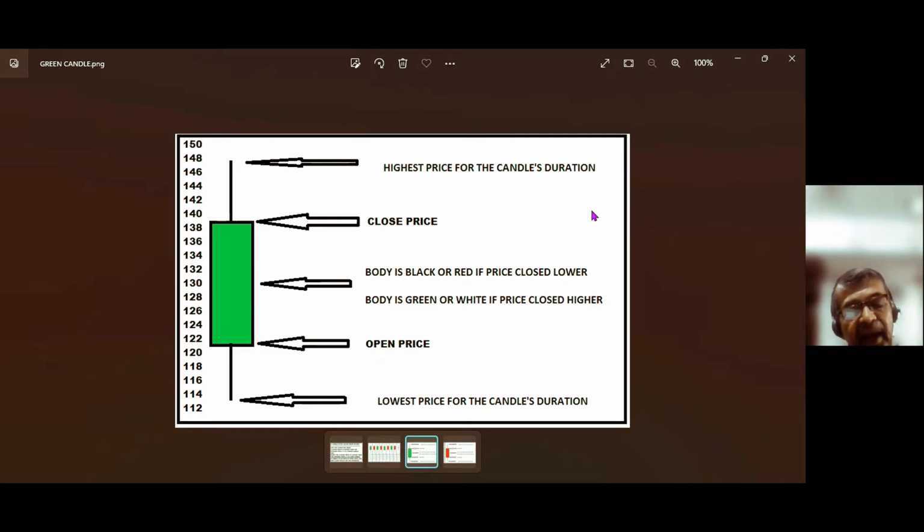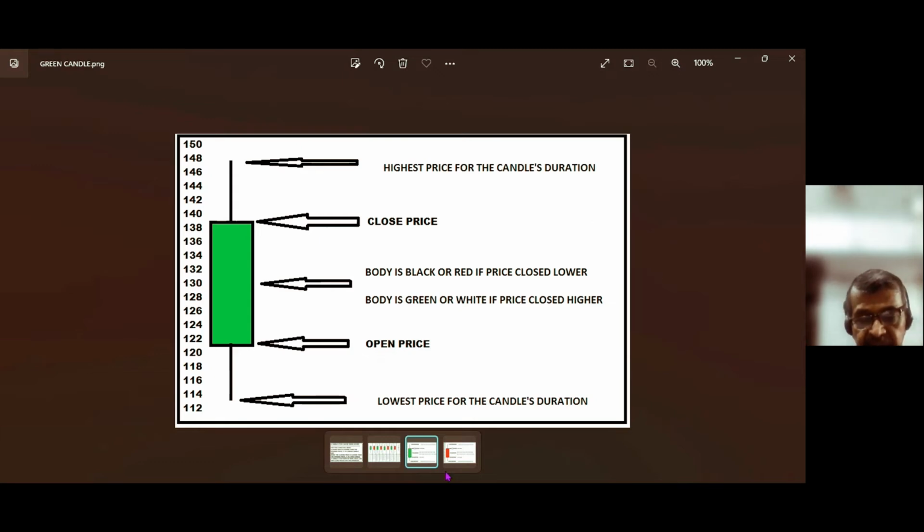The highest point of the body is the closing price for a green candle, and the lowest point of the solid body is the opening price of the green candle.